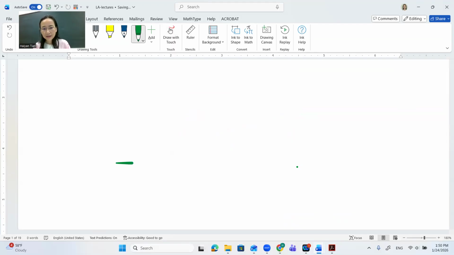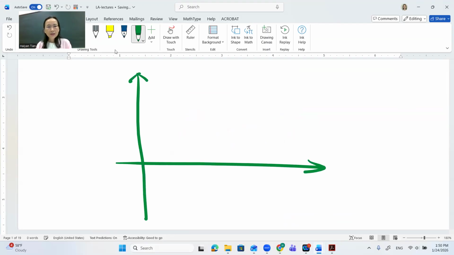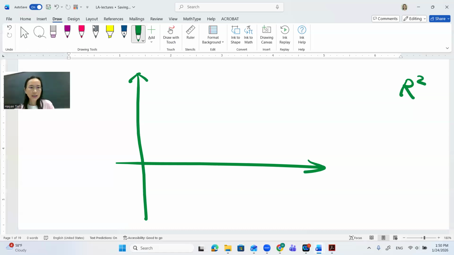For the concept, I have u and v in R2 because it's very easy to draw. I'm going to use R2 just as a demonstration. So here I have a u vector, and then I have a v vector.